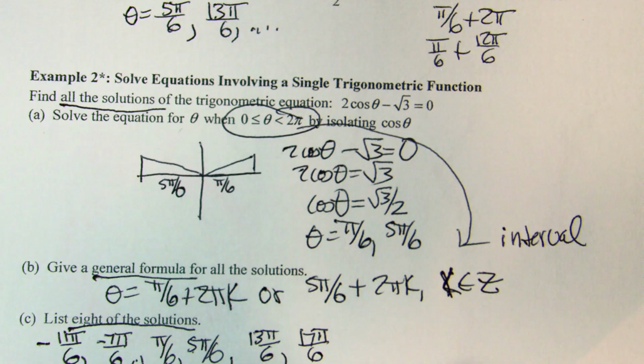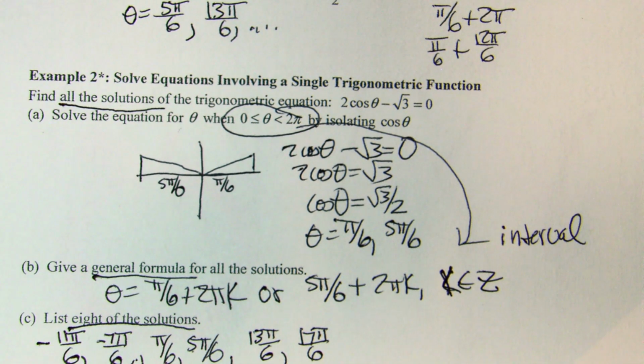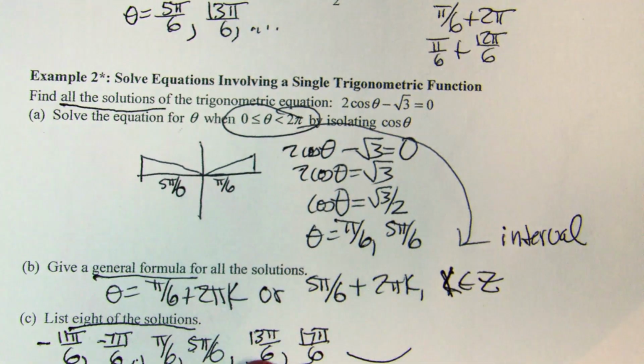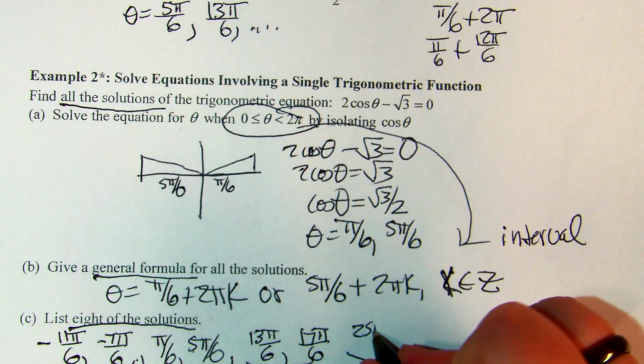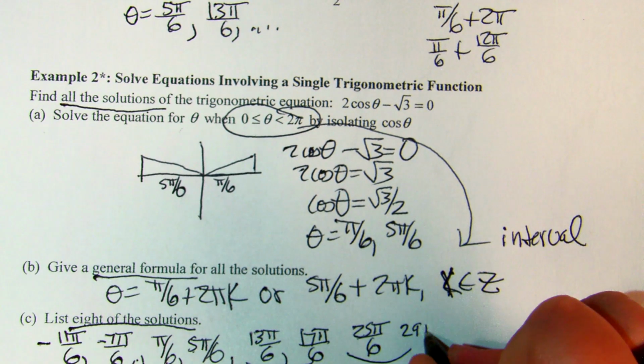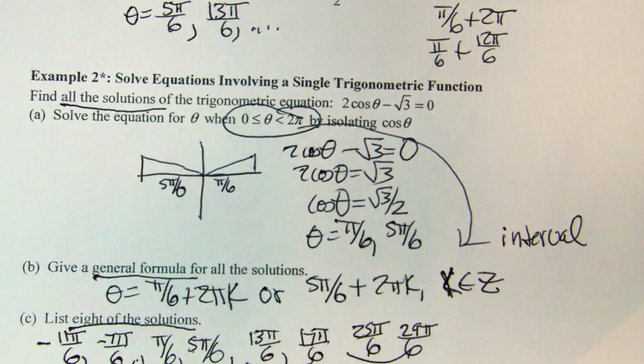To 5 pi over 6, you add 2 pi, you get 17 pi over 6. And then when k is 2, you add another 12 pi over 6 and you get 25 pi over 6 and 29 pi over 6.